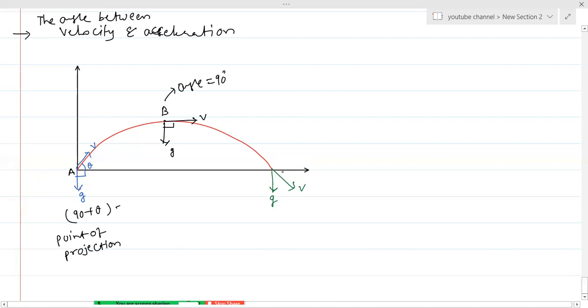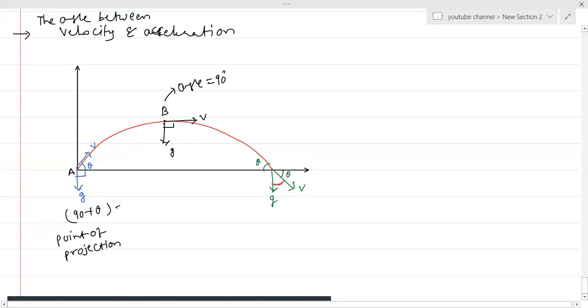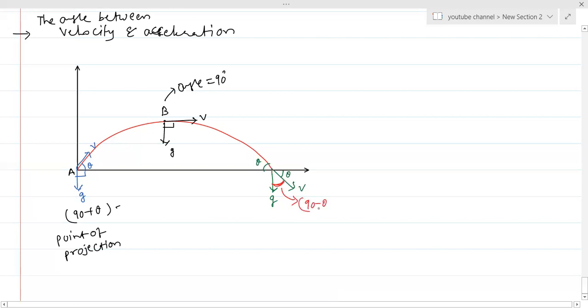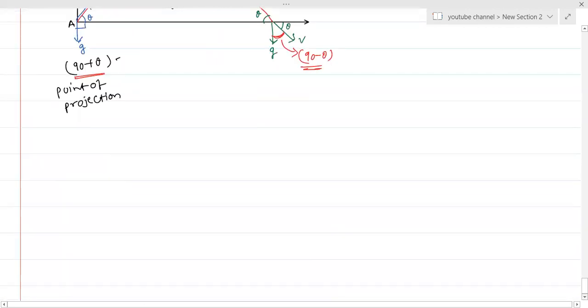This angle is theta, so the required angle between velocity and acceleration is 90 minus theta. Initially 90 plus theta, later it becomes 90, and later it becomes 90 minus theta.